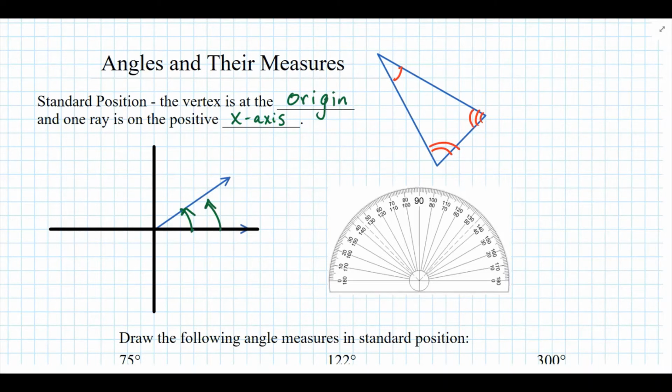The ray on the x-axis is known as the initial side of the angle. The other ray is the terminal side of the angle.